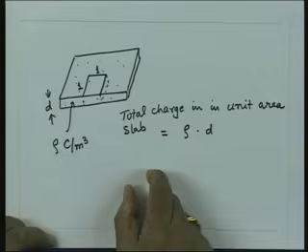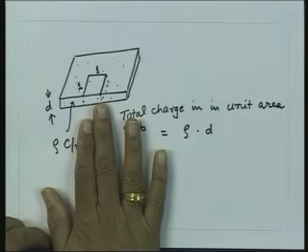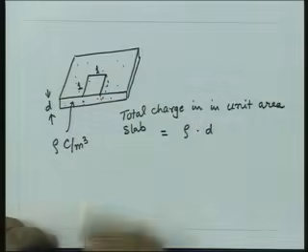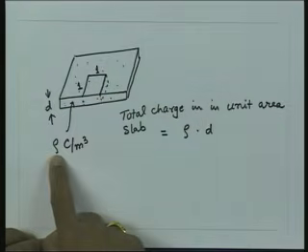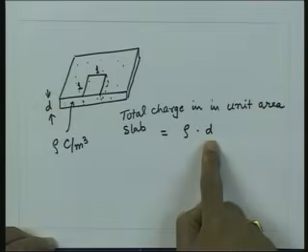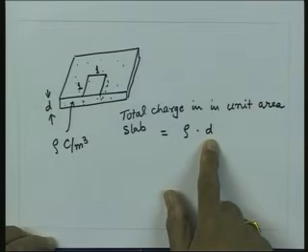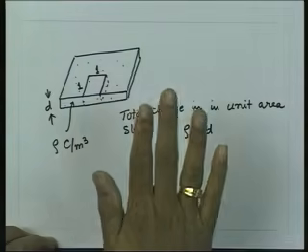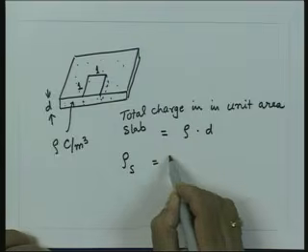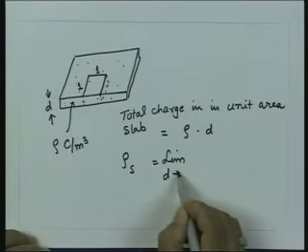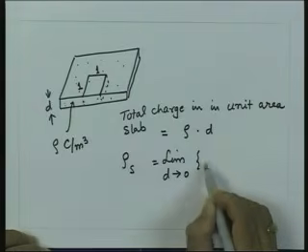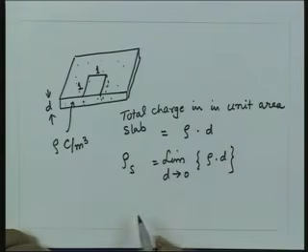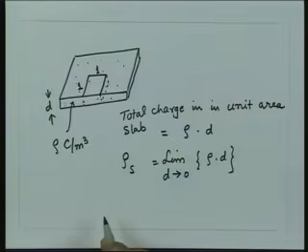a quantity what is called a charge which is distributed on the surface, and that density will be surface charge density. So, the units for rho will be coulomb per meter cube. I am multiplying by this. So, I will get now a charge which is per unit area, and this charge truly is confined to the surface of the sheet. So, we say rho s is, in the limit when d tends to 0, this quantity rho into d, that is what is called the surface charge density.